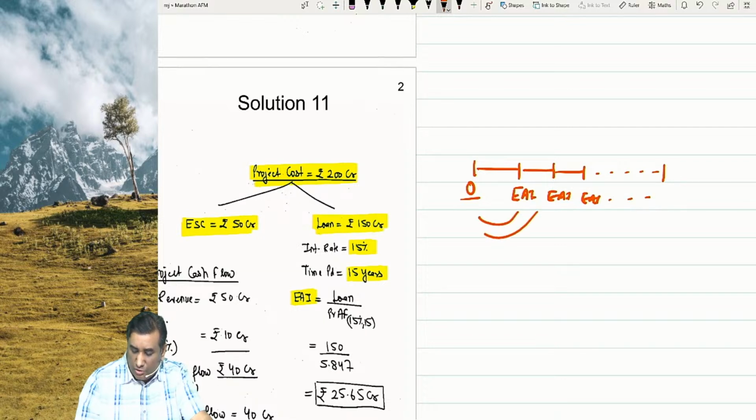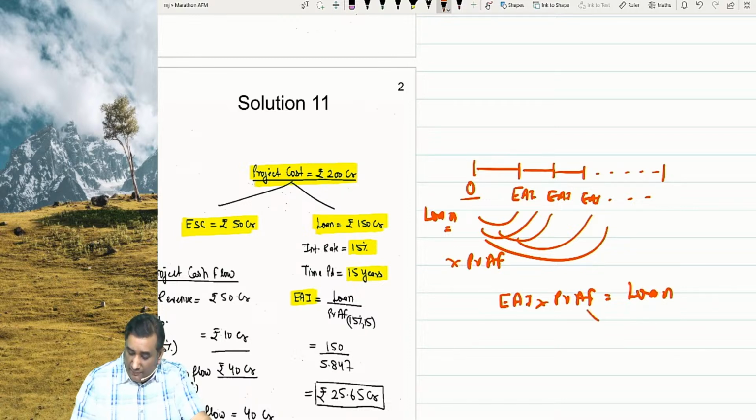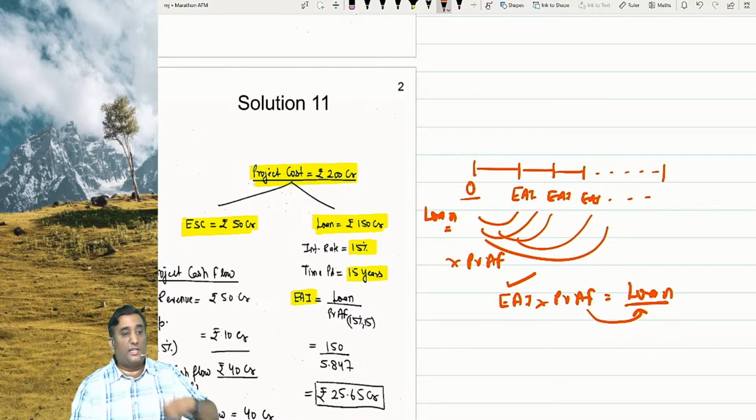You bring them back to period 0 by multiplying by the present value annuity factor, and that becomes equal to the period 0 loan value. So my formula would be equated annual installment into annuity factor equals the loan amount, or the period 0 amount. When I divide by this, I get the equated annual installment.